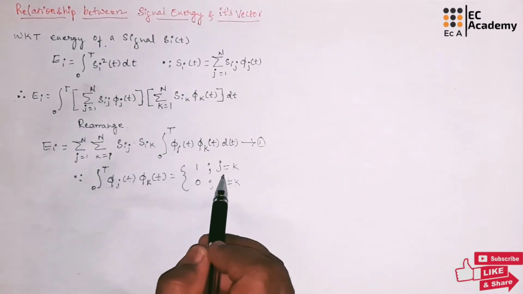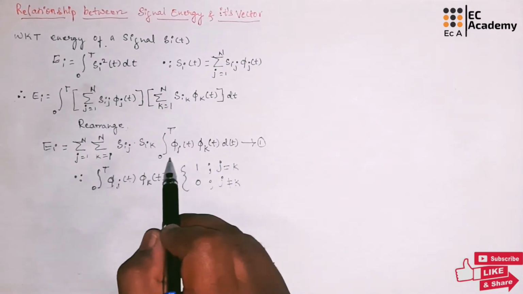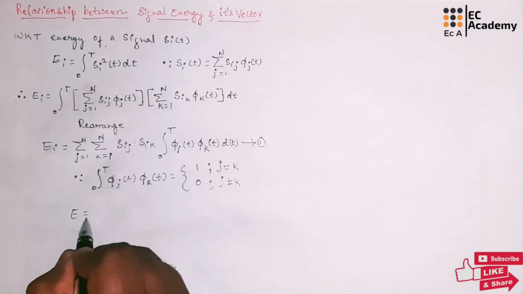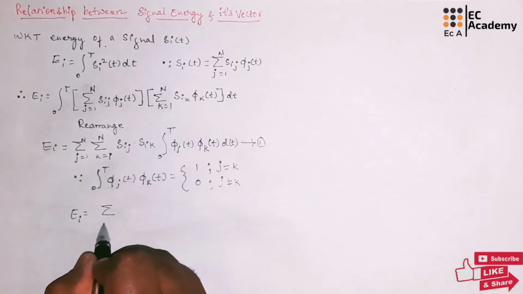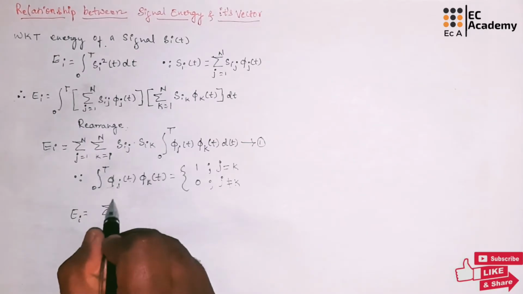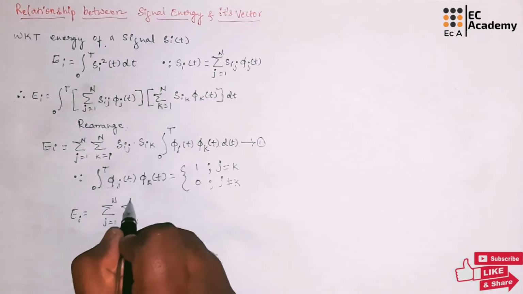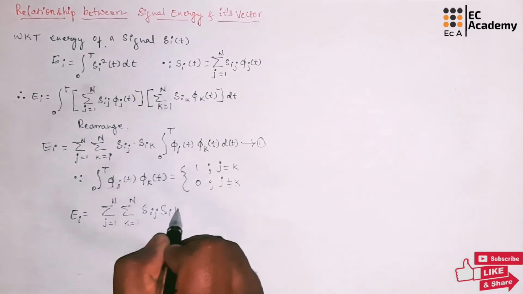If j is equal to k, in equation number 1 this term will become 1 and we will get energy of a signal as summation of j is equal to 1 to n summation of k is equal to 1 to n Sij Sik.